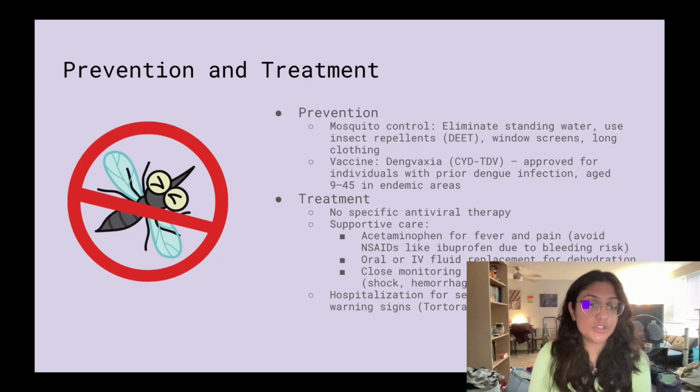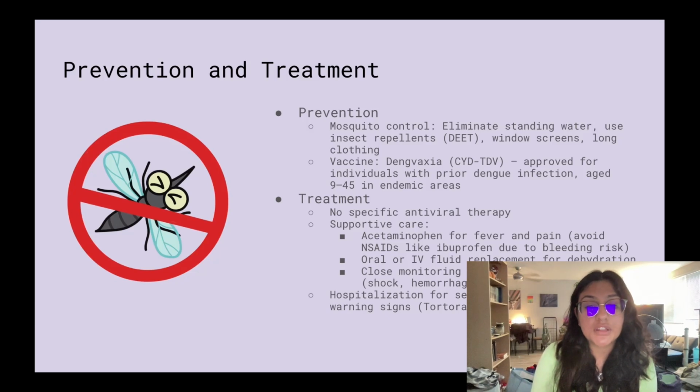As for prevention, the primary strategy is vector control, such as eliminating mosquito breeding sites, such as standing water, using insect repellents, wearing long-sleeved clothing, and using mosquito nets, and employing window screens and indoor insecticides.